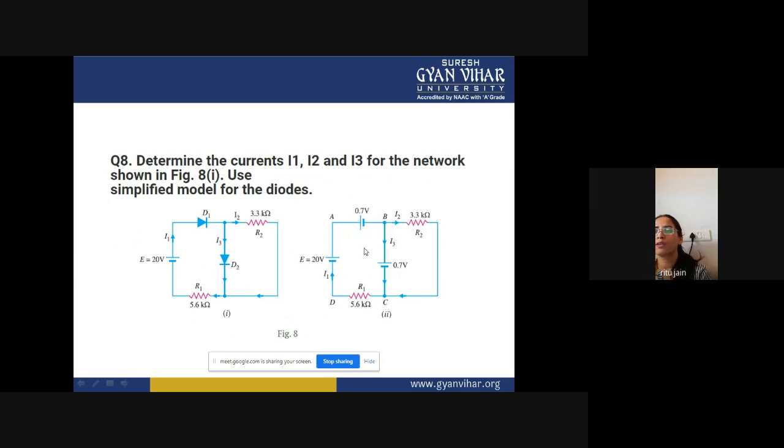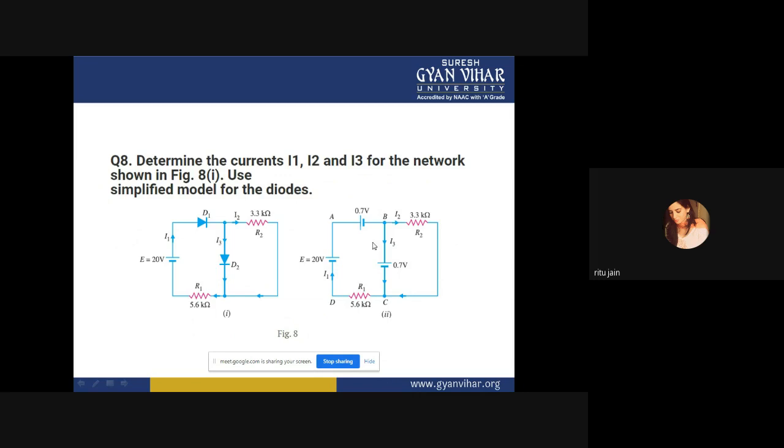If you apply KVL in this mesh, then you will see 20 volt minus 0.7 volt minus 0.7 volt, and minus R1 into I1, that is 5.6 into I1. R1 is given, which has the value of 5.6 kilo ohm.